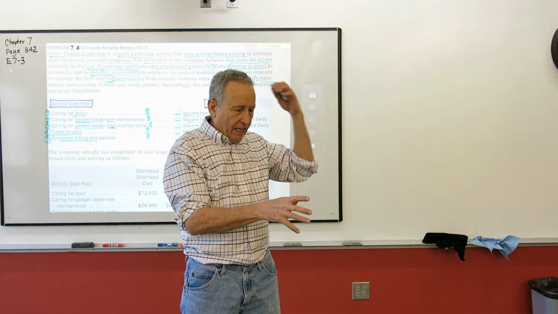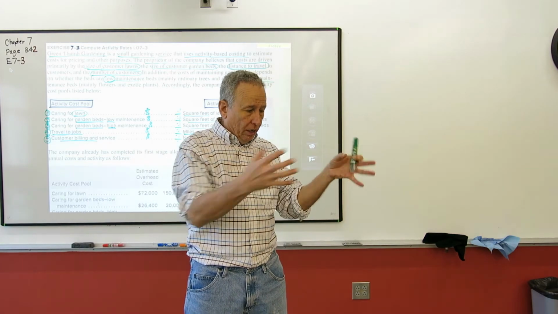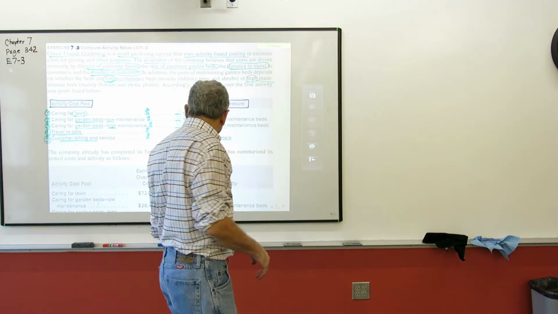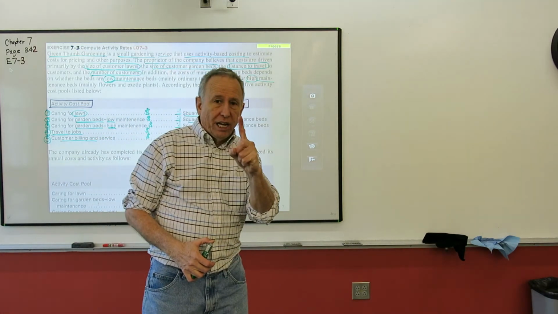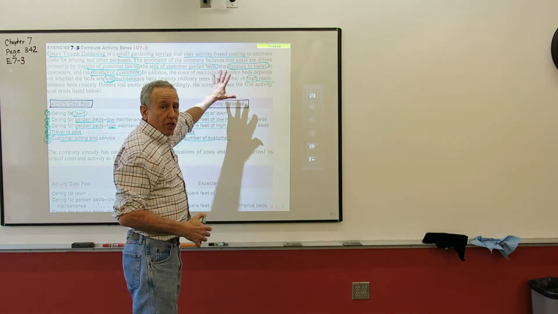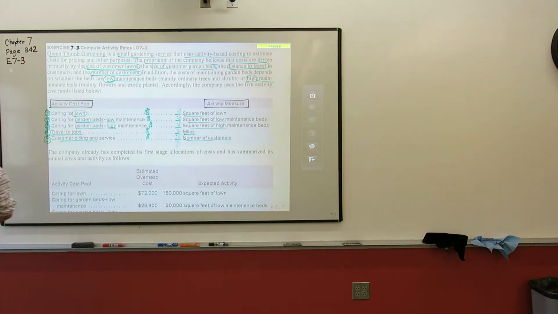Or he can get his checkbook if he runs his business through his checkbook, or maybe his checkbook and his charge card. But he can get all the money and drop it in the pools. Now, in this problem, he's already done that. He did first stage allocation. He went back to his checkbook and his charge card and dropped all the money in the pools. And I've got to shift this down so you can see it.